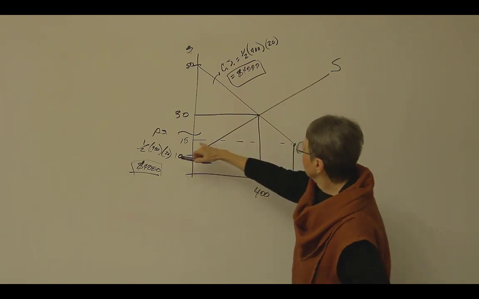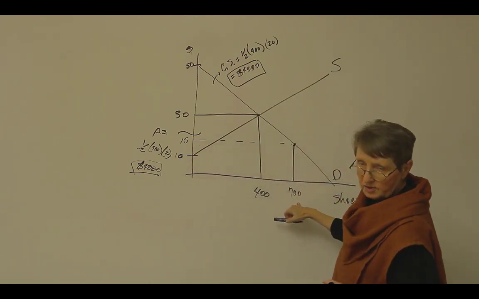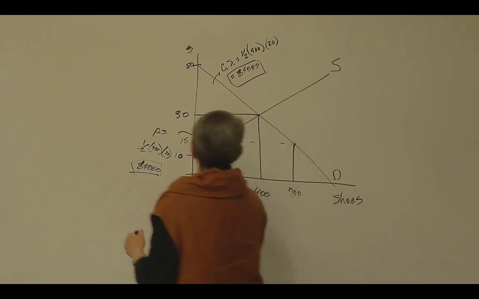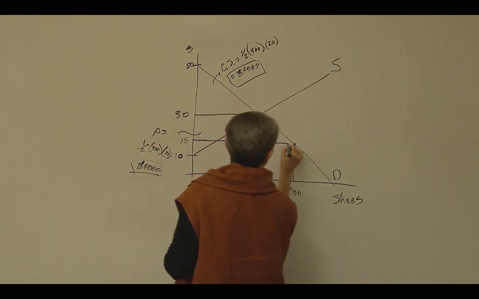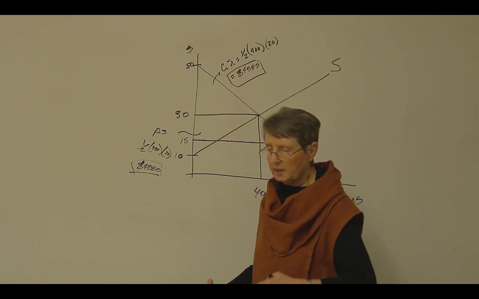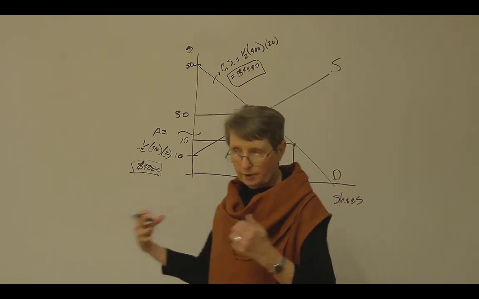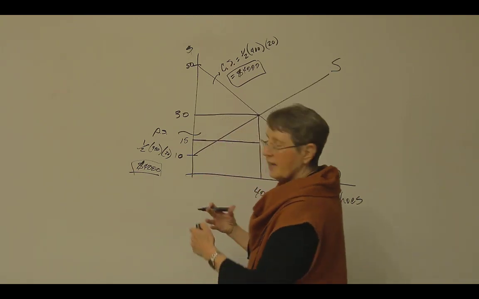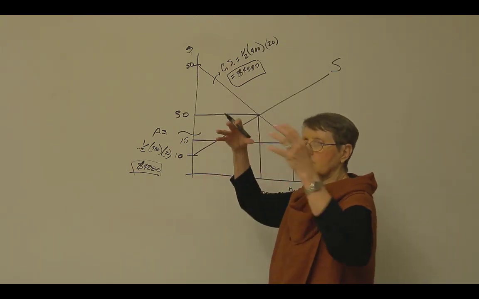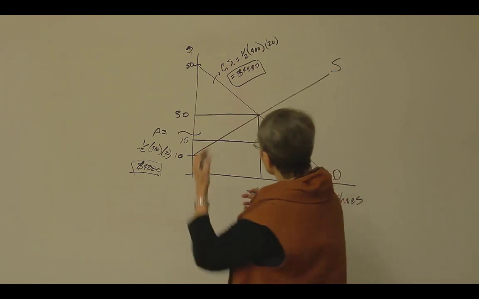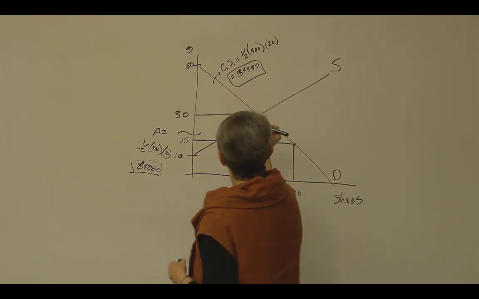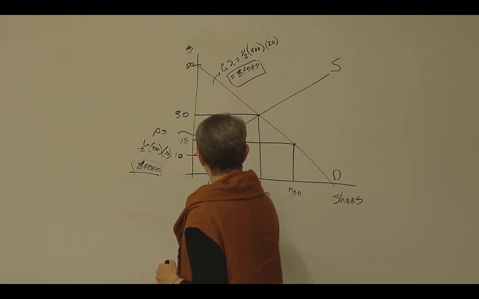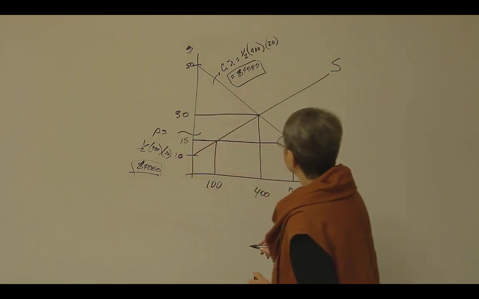My new equilibrium will be at $15 and 700 units. Now, what we need to do is look at how this impacts the domestic economy, because there are some groups that are better off and there are some groups that are not better off. And so there are gains and there are losses, and what we need to do is look at the net effect. So let's just mark this. Let's say this is 100 units.